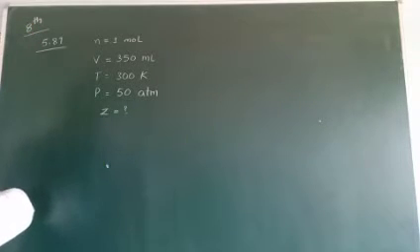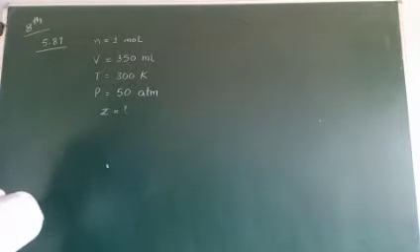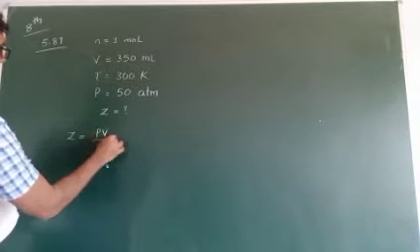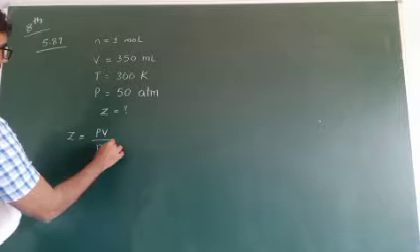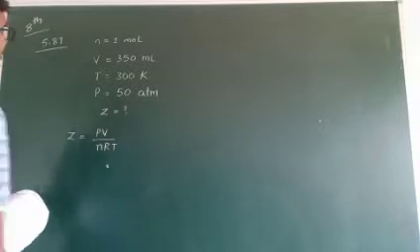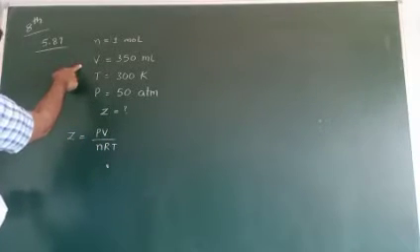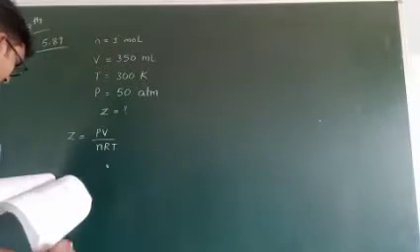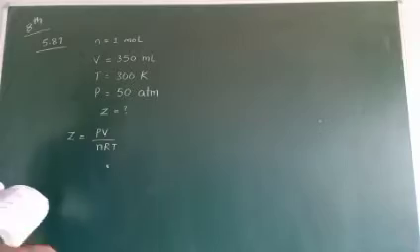What is the Z formula? Z is equal to PV by nRT. We know the P value, V value, n value, R is constant, and T value. So no problem, just substitute those values.